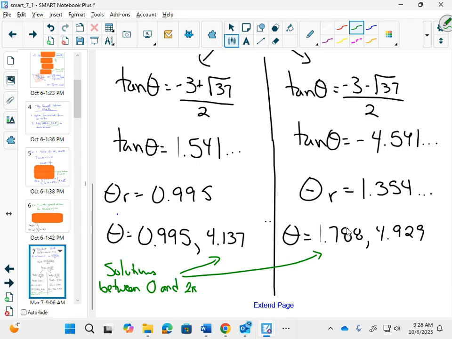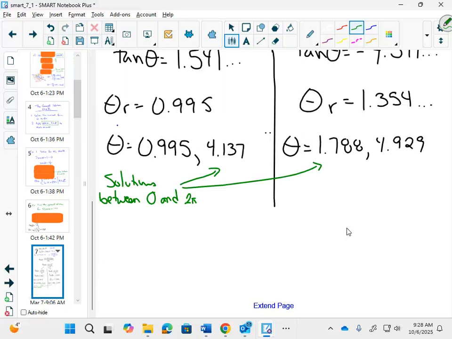The only thing new for general solution is that the general solution says we need to write everything coterminal with these. So I can list them. Some people like to do them in numerical order. It does not matter. I'll put them in numerical order.